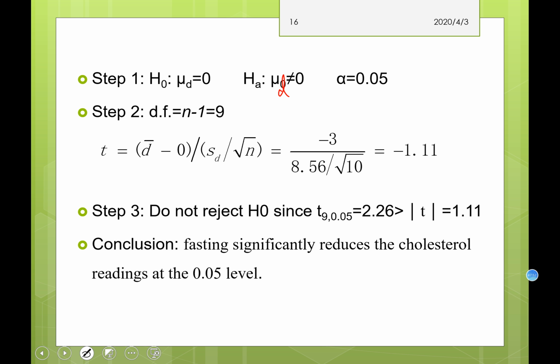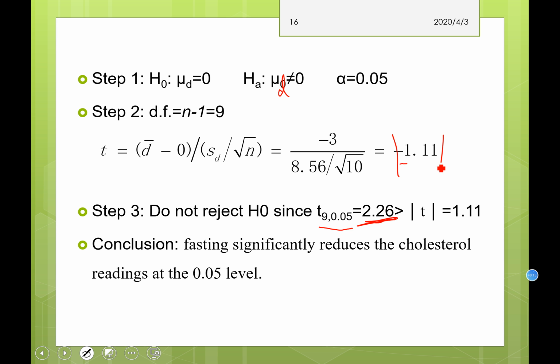So we have mentioned that in comparison of this t with the standard t value, we need to use its absolute value. So it's 1.11. And with the help of alpha and nu, we can find that the standard t value is 2.26.